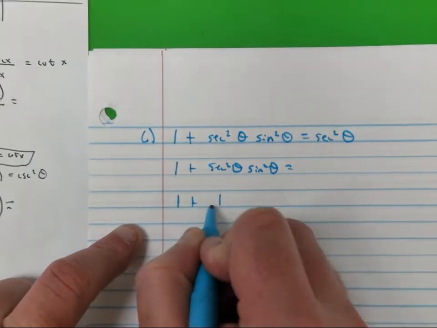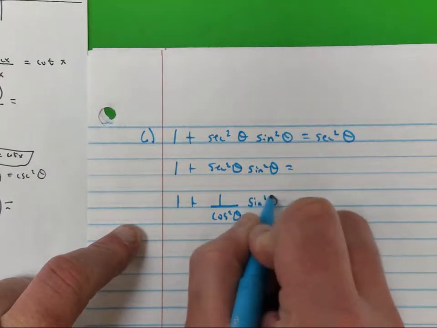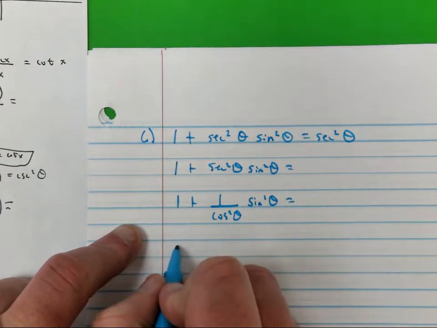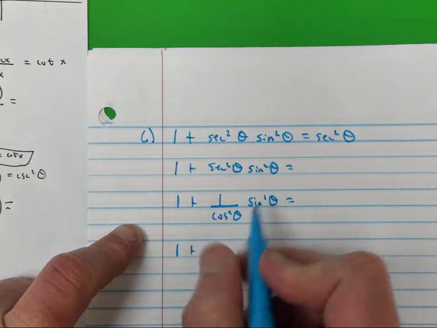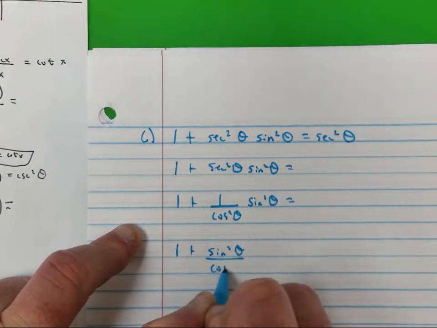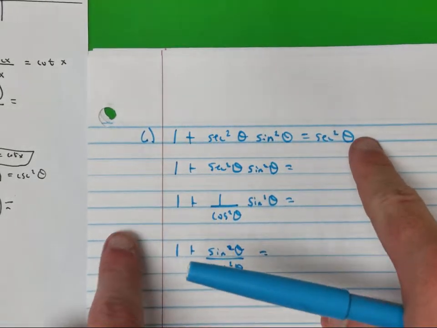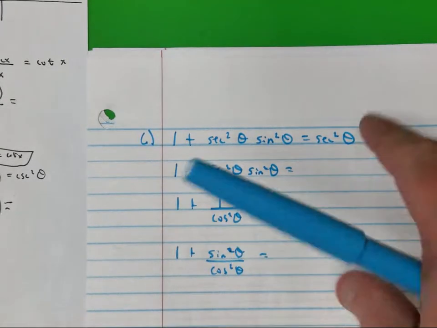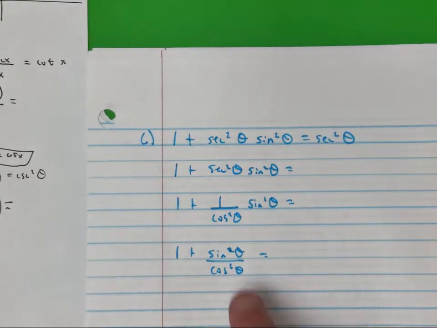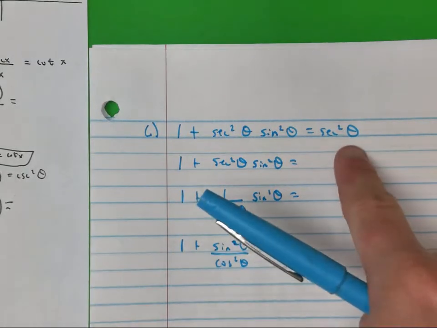I'm going to break secant down to 1 over cosine squared. Can't break sine down. 1 times sine is sine squared. Now remember, I'm trying to get to secant squared. Secant squared, that's your goal. I start thinking, okay, there's a Pythagorean identity that says tangent squared plus 1 equals secant squared.